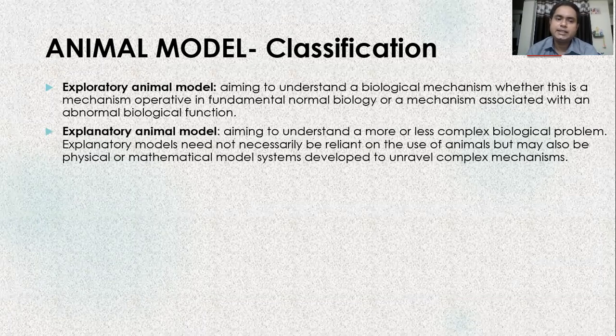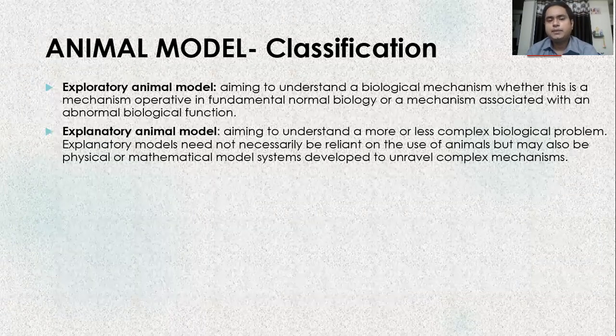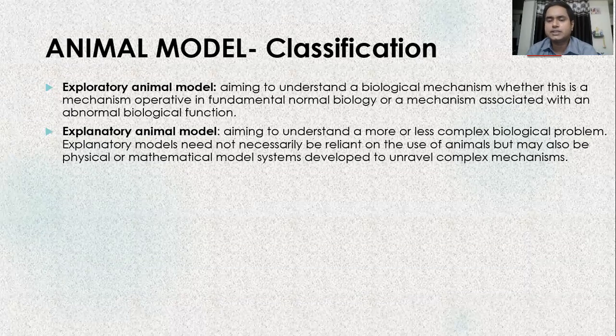It aims to understand a more or less complex biological problem. The explanatory model need not necessarily rely on the use of animals, but may also be a physical or mathematical model system developed to unravel the complex mechanism.